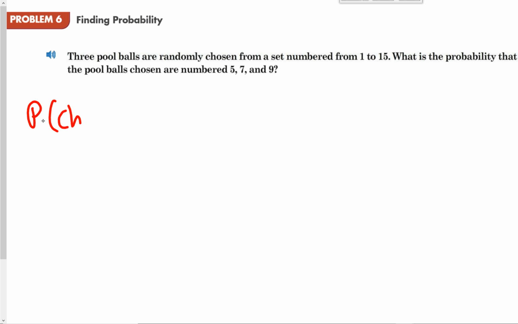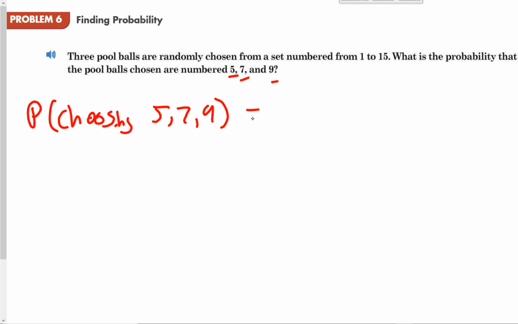So that means first we have to find how many ways we can get 5, 7, and 9, and then use that out of the number of ways that we can get 3 different pool balls. Okay, so we want to find the probability of choosing 5, 7, and 9.